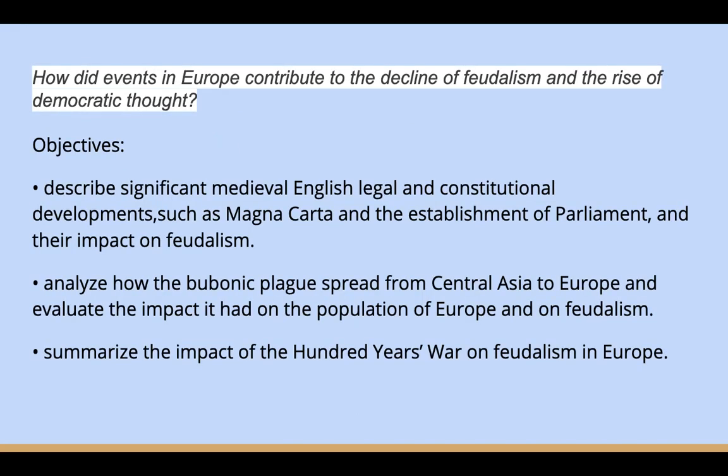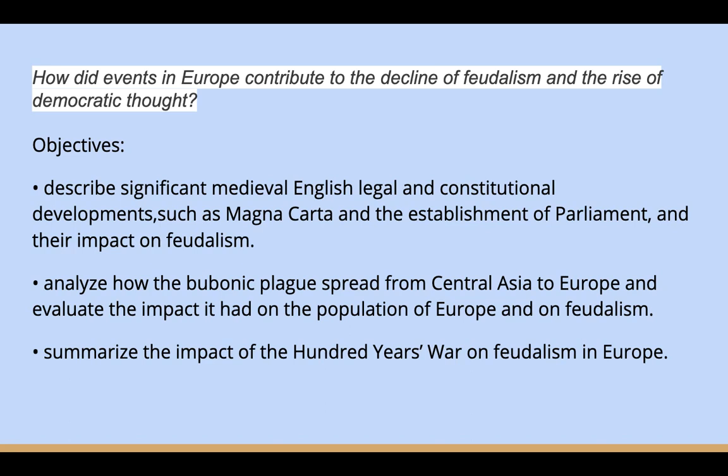So our essential question for this lesson: how did events in Europe contribute to the decline of feudalism and the rise of democratic thought? Our 3 objectives. Number 1, describe significant medieval English legal and constitutional developments, such as Magna Carta and the establishment of Parliament, and their impact on feudalism.